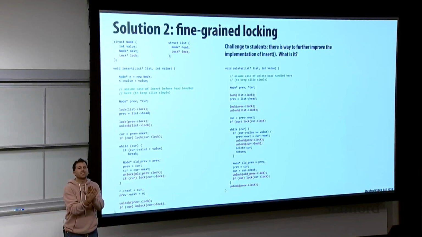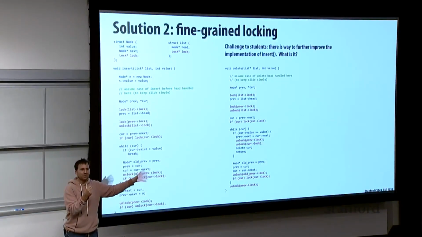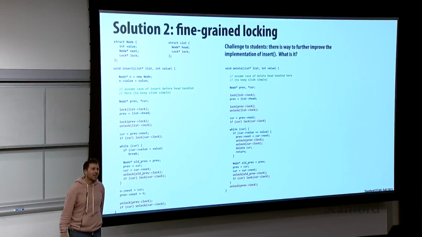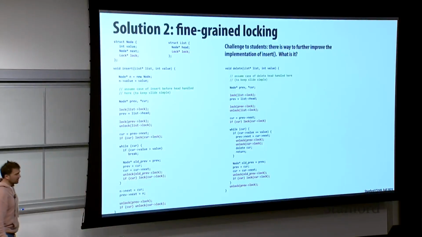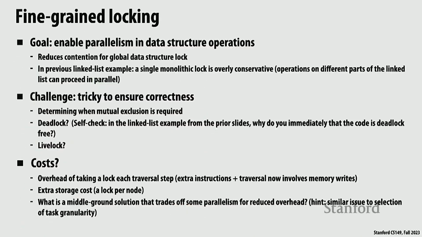If you're deleting the first node, you either need a dummy previous or you need an extra lock somewhere else. So this code is correct. There are actually ways to make it slightly more performant where you more aggressively unlock things, and I'll leave that to the class to sort out on the discussion board.